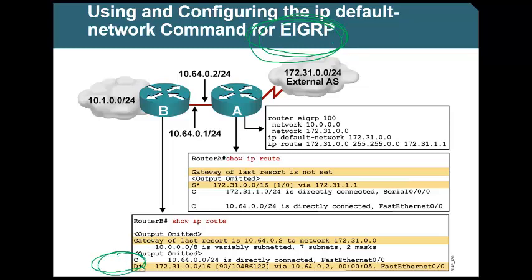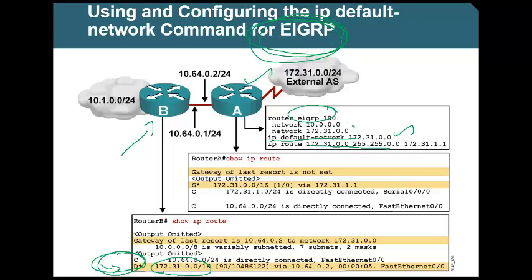D star. Usually EIGRP routes are D. Then what is the star? Default route. This is a default network which is appearing in router B, given by EIGRP. Why does it give like that? Because in router A we have a default network defined for 170.31, and there is also a static route to reach that, and that network is also advertised in EIGRP.